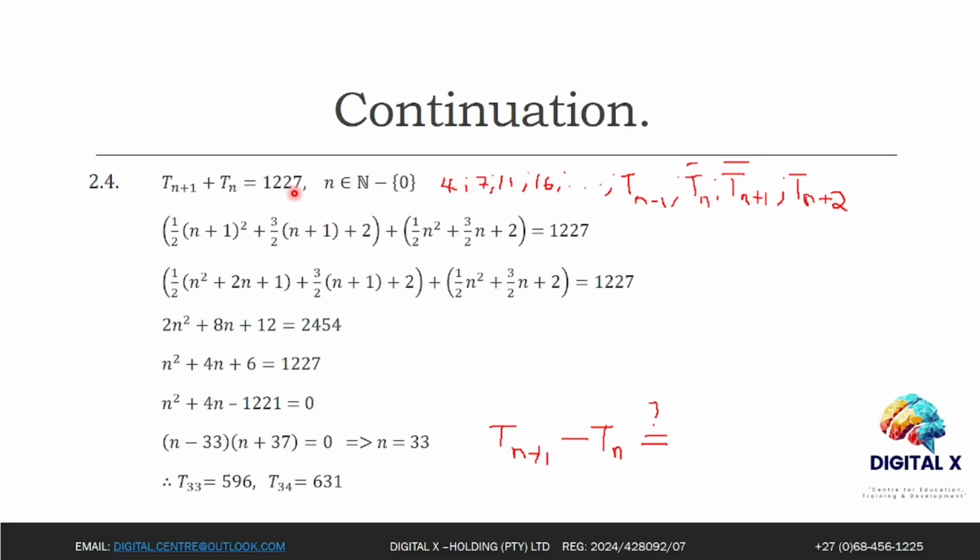If you have any doubts as to whether it will work with other successive terms, for example if you took this and added it to that and equated to this, you can determine whether you will get n being a natural number. Please feel free to check whether or not you will get a natural number if you work out other successive terms besides t subscript n plus 1, which is added to t subscript n.